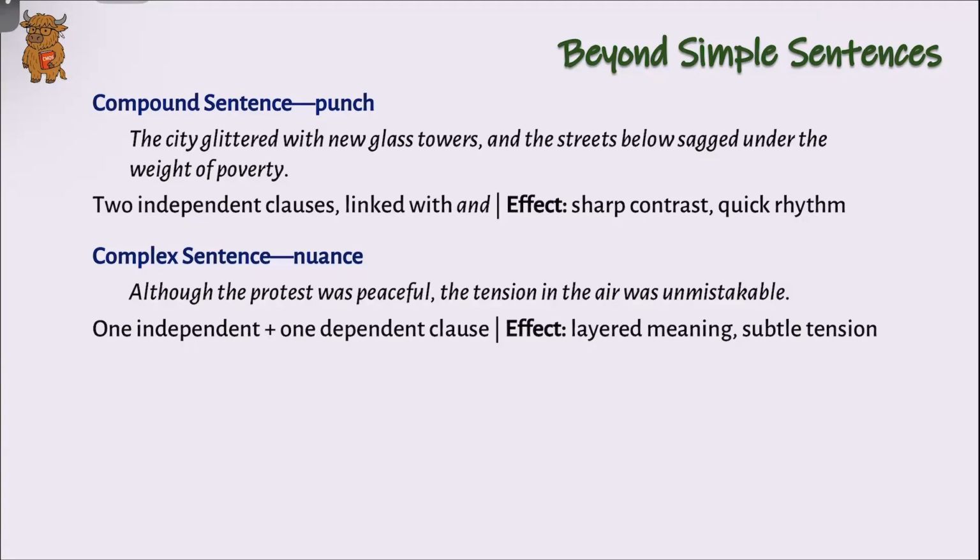A dependent clause cannot stand on its own. It might have a subject and a verb, but if it's got, say, "while I was eating," is that an independent or a dependent clause?